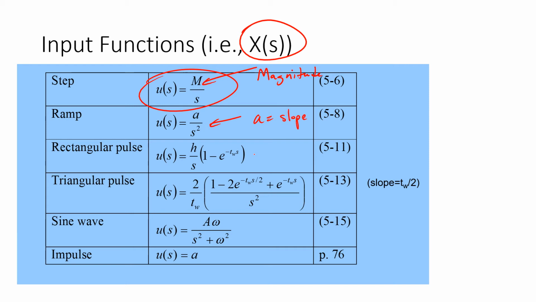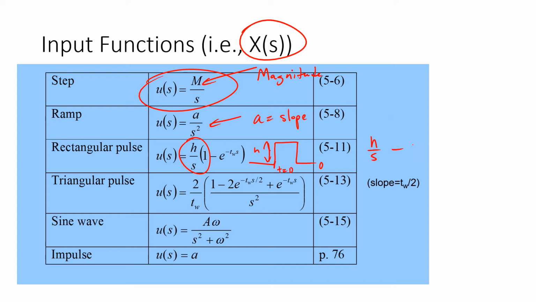There's a rectangular pulse as well. Okay, so it's going to start off, go to a height h, and then come back down to 0 when it's done, and it'll start at time equals 0. You can break it up into two pieces. You have this piece first, which is just h over s, and that's just a step function of height h.